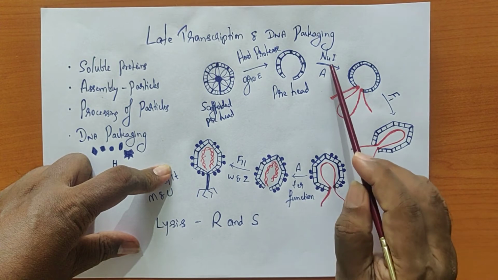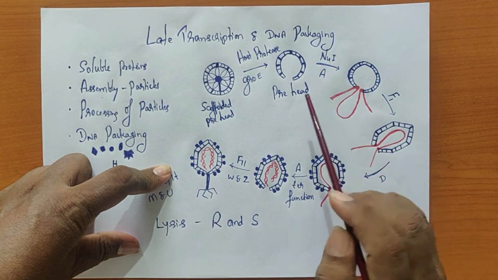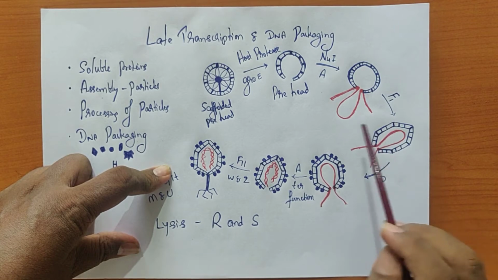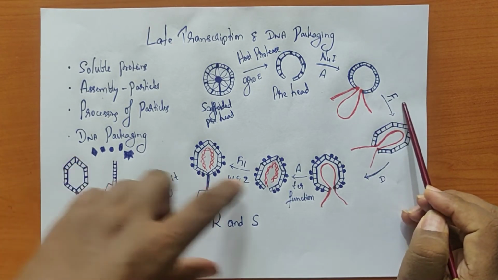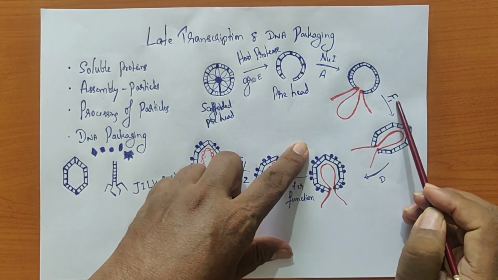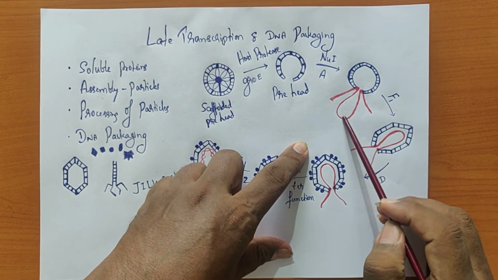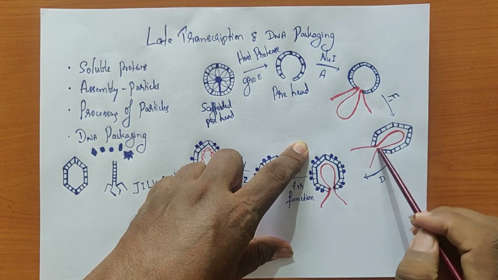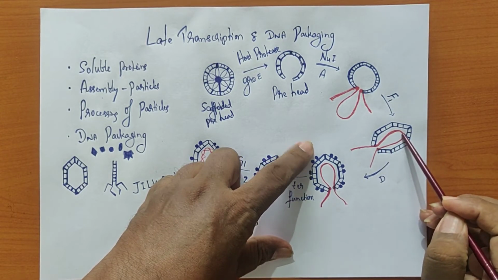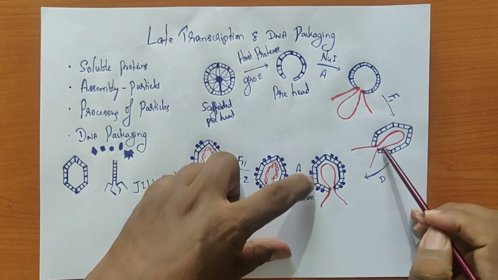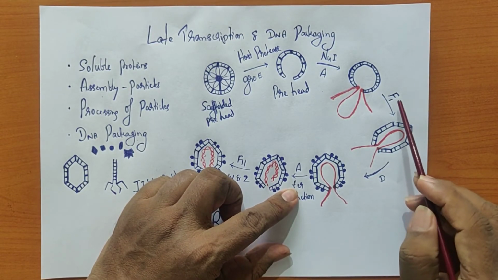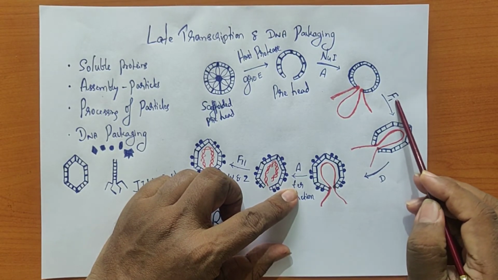So that is the major function of NU1 and A. Next stage what they have identified is that with the action of F1 gene product, the DNA is going to be incorporated into the empty head. So now this incorporation, or whatever the packaging we call it, is carried out by the function of F1.